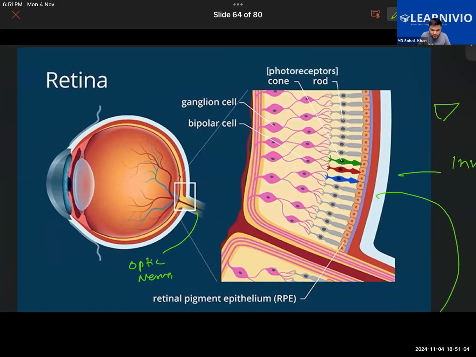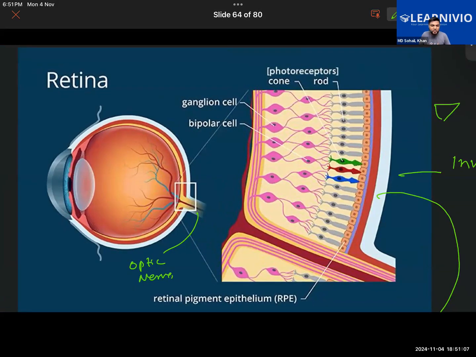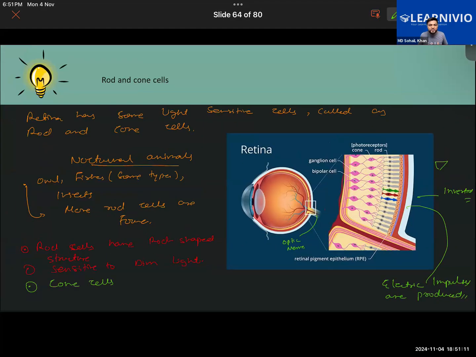So cones are cone-shaped cells present in the retina, and they are sensitive to bright light, or we can simply understand this as normal light rays.